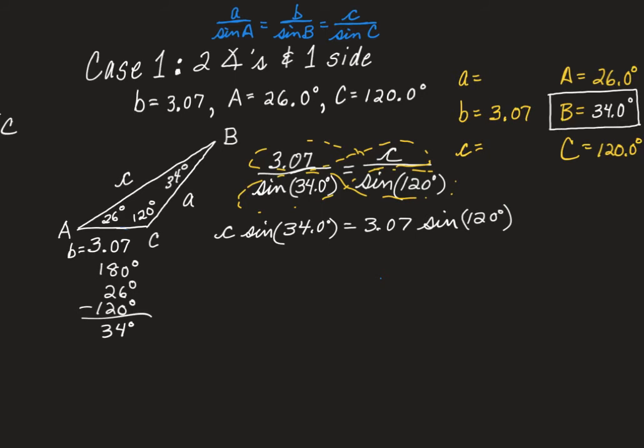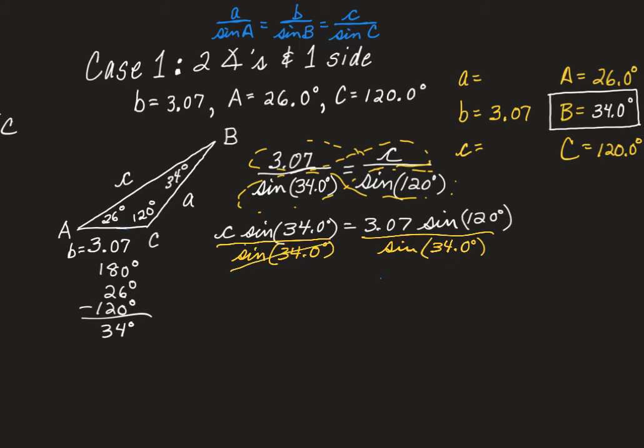On the left-hand side, we have C times the sine of 34 degrees, so to isolate that C, we're going to divide by the sine of 34.0 degrees on both sides. Do unto one side as you would do unto the other.